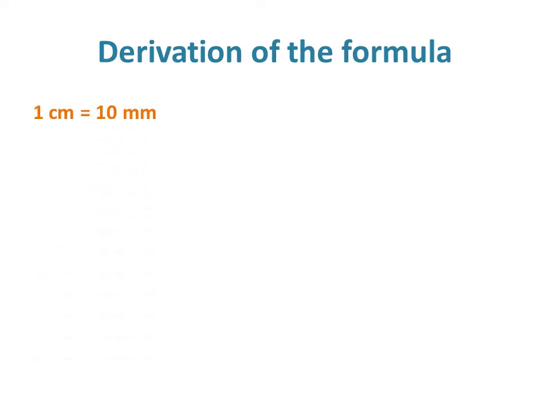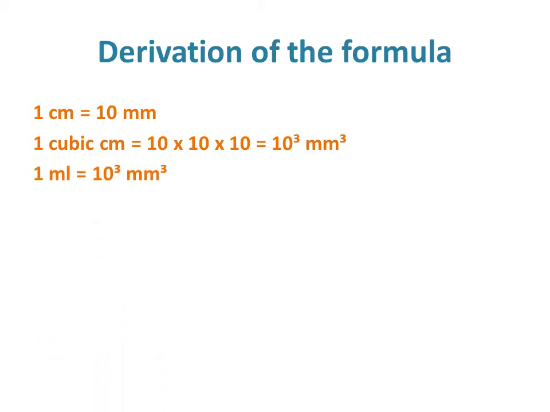1 centimeter is equal to 10 millimeter. 1 cubic centimeter is equal to 10 to the power 3 cubic millimeter. Therefore, 1 milliliter is equal to 10 to the power 3 cubic millimeter, and 100 milliliter is equal to 10 to the power 3 into 10 to the power 2, which is equal to 10 to the power 5 cubic millimeter.